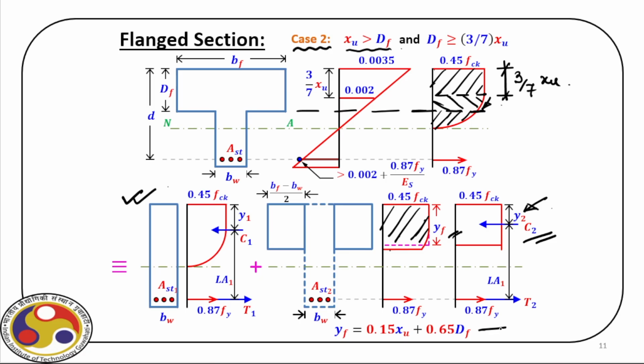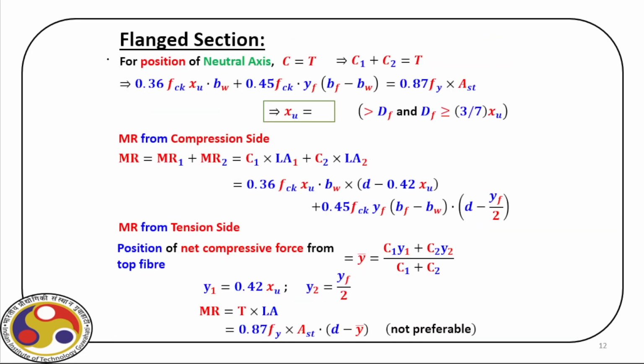It is given here. Now this is an expression that we can readily use if we have this curved part here, and for that the effective rectangular section depth YF is given by 0.15 XU plus 0.65 DF. So we calculate YF, and based on that value of YF, we can now evaluate the moment of resistance.